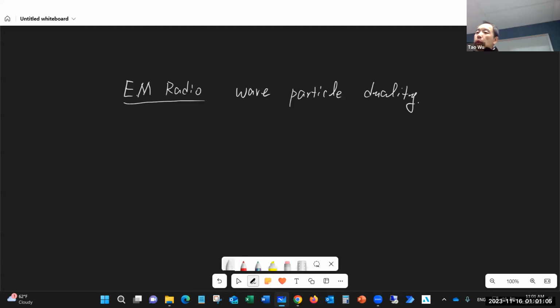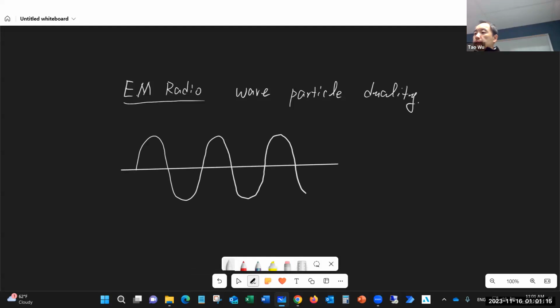And once we talk about a wave, the wave is going to have several parameters we need to talk about, right? So it's going to have the wavelength, which we call lambda, and it also has a frequency.